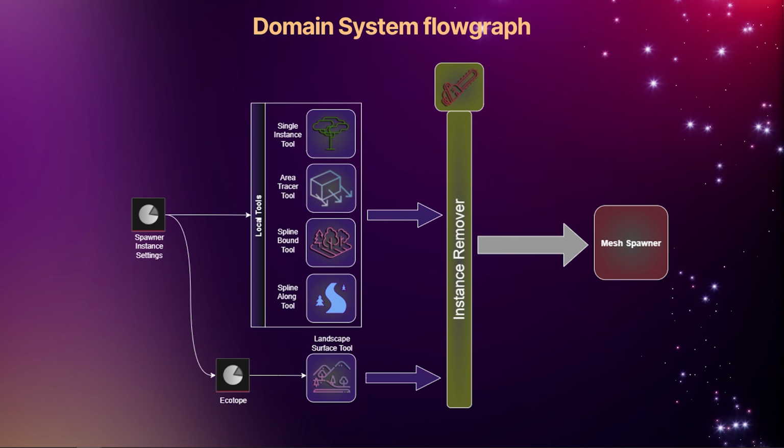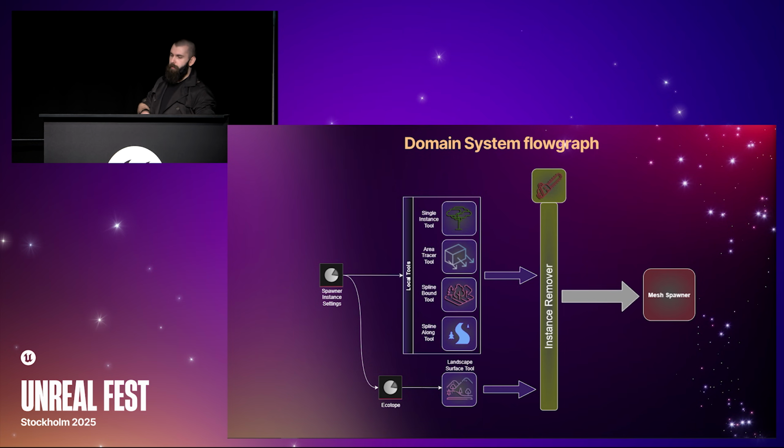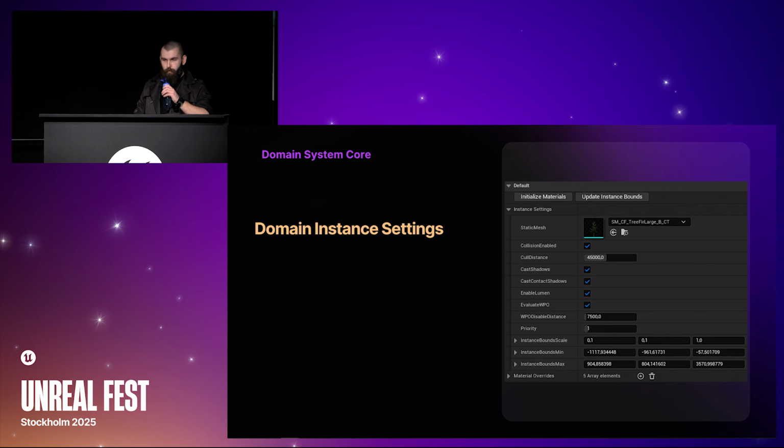Then they are all fed by a single main data type and another data type that's being used specifically for the global tool. And all those points that are generated by those tools are going through a so-called global filter, of which we only have one, and all those filtered points are going into the mesh spawner, which then spawns those points and meshes on those points.